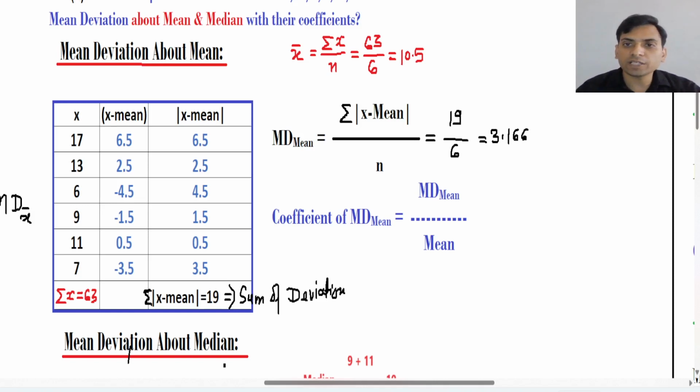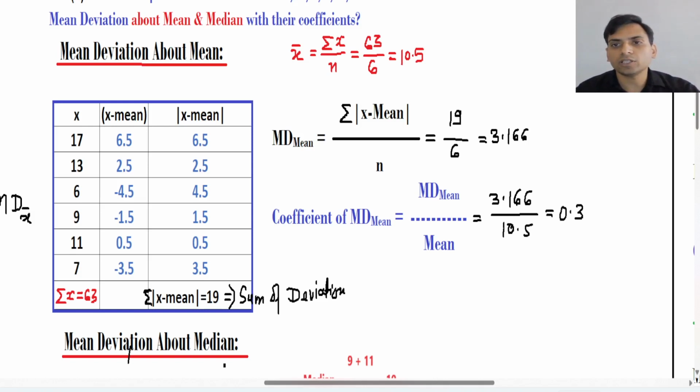Now to find the coefficient, we divide this 3.166 by the arithmetic mean, which is 10.5. The answer for the coefficient is 0.3015. This is mean deviation about mean.